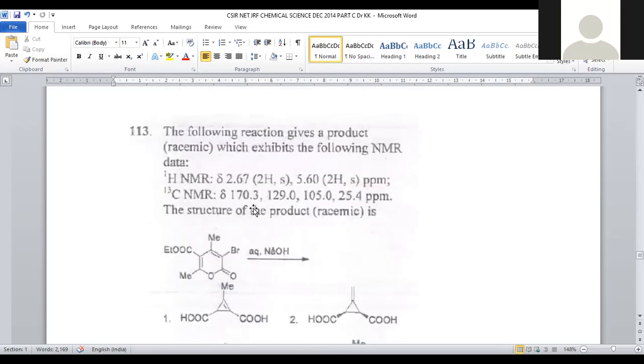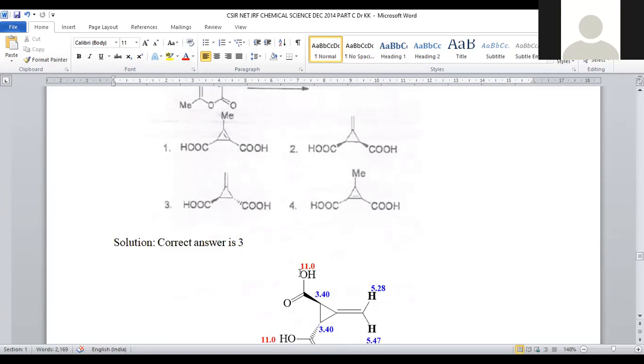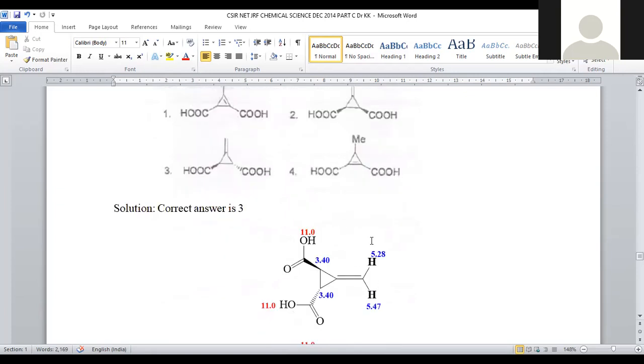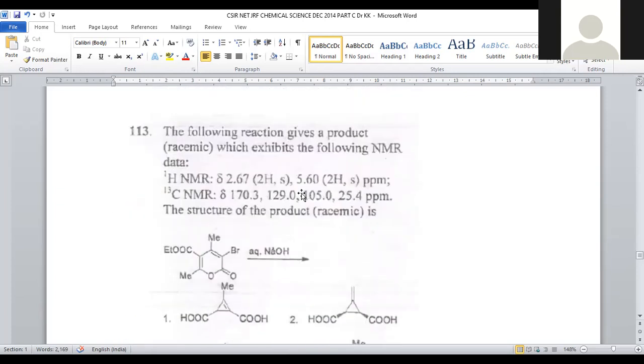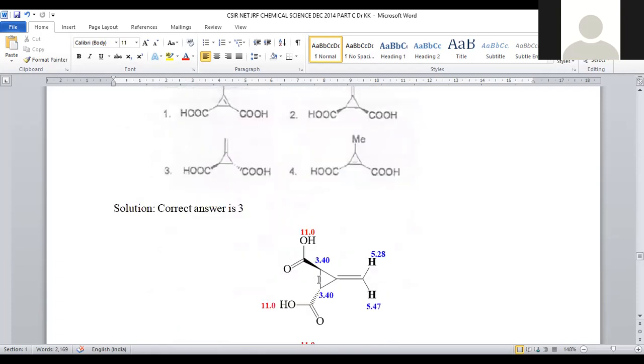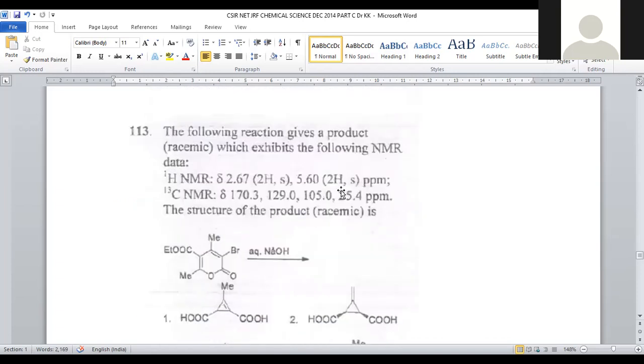So within the data 3.4, 5.6, 2 hydrogens are there. These are the vinylic protons, corresponding to 5.6, and 2.67, which corresponds to this cyclopropenyl group. Carboxylic acid hydrogens are not provided within the problem. It is partial spectral data.